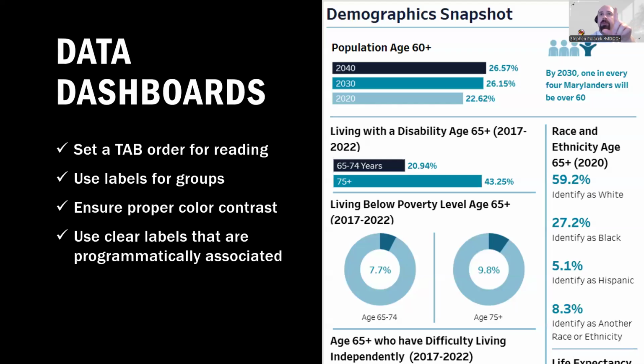But because visually, we have that divider line, programmatically, it might not. It might move from living with a disability to race and ethnicity age, 65 plus. That's the kind of thing you need to check, because is that okay for a user to do? Or do you want a user to go through the left side first, the column first? Because the right side might have information that's dependent on the information from the left.